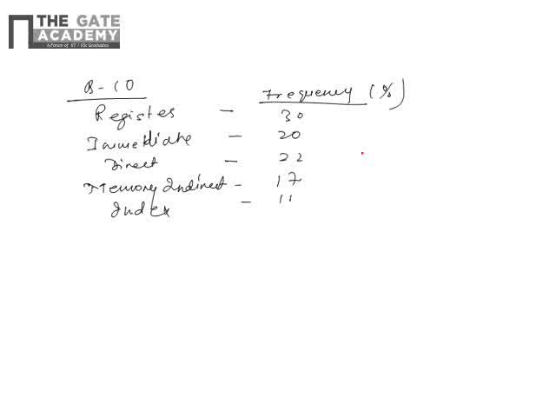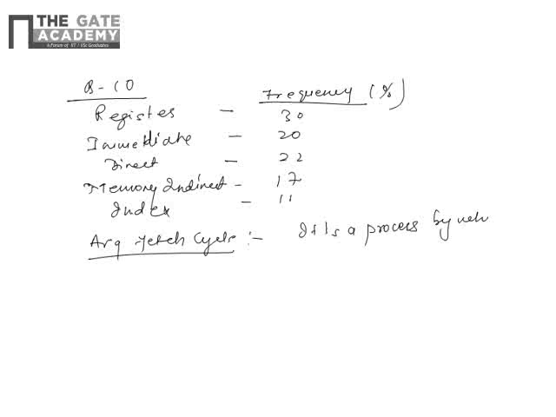So what do you mean by the average fetch cycle? Average fetch cycle is a process by which a computer retrieves a program instruction from its memory.